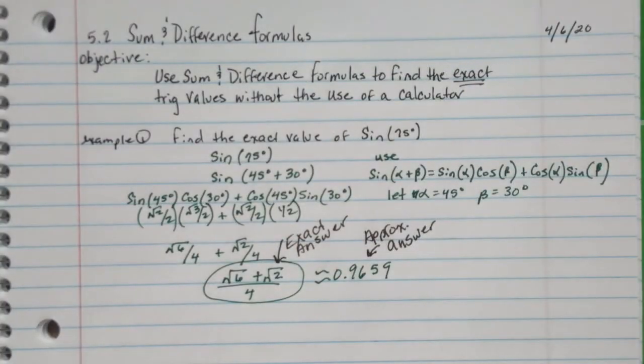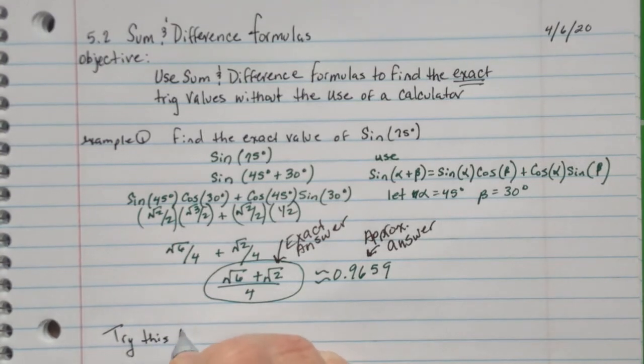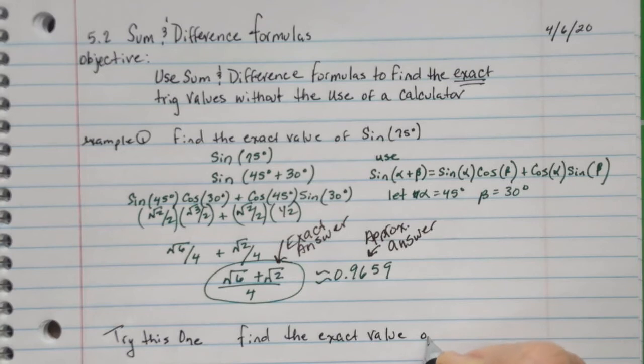All right. So let's go ahead and give you one to try. I want you to try this one. Find the exact value of cosine of 105 degrees.